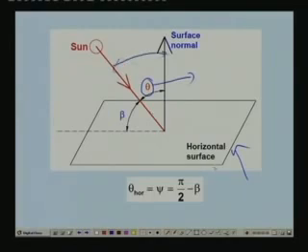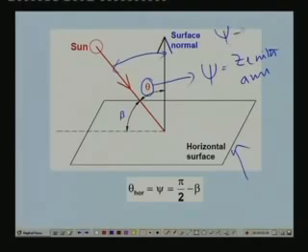Since this is a horizontal surface, this is the surface normal, and this is your angle of incidence, and it so happens that the angle of incidence for a horizontal surface is also equal to your zenith angle, and as we know, zenith angle plus beta is 90 degrees. So theta is equal to pi by 2 minus beta.